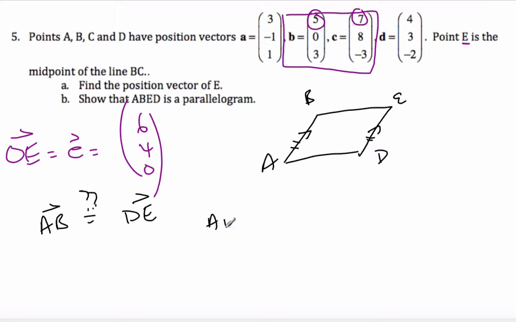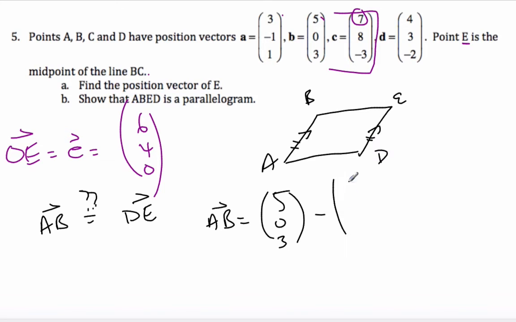Finding AB, I go head, which is (5, 0, 3), minus the tail (3, -1, 1), which gives me (2, 1, 2).